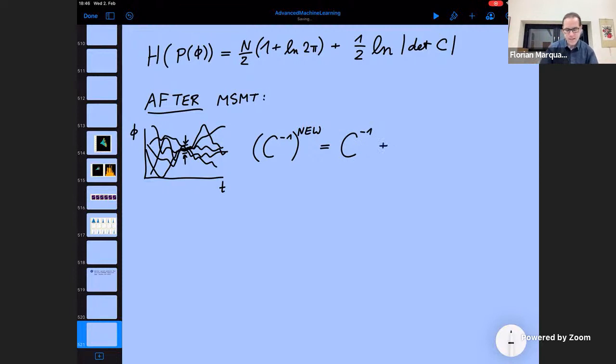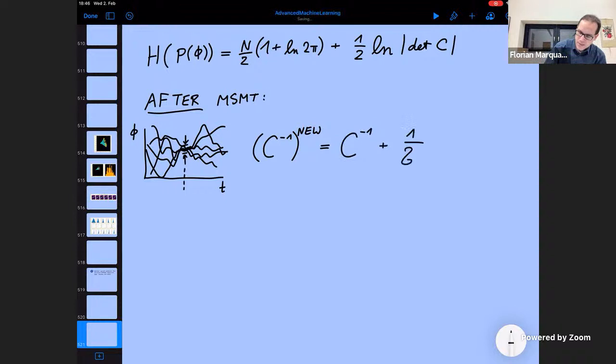And what we have to add depends on two things. First, it depends on the location where I do my measurement. So this spot, what is the time point at which I have measured? And also it depends on the measurement uncertainty, whether I can do very precise measurements. And so the result is rather simple.